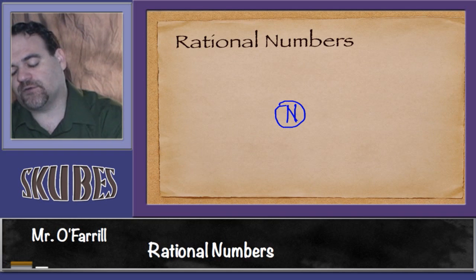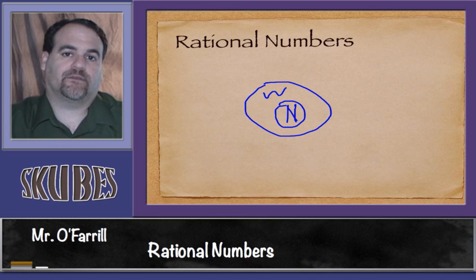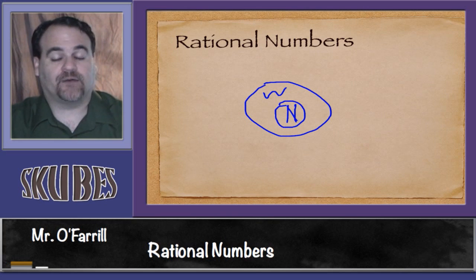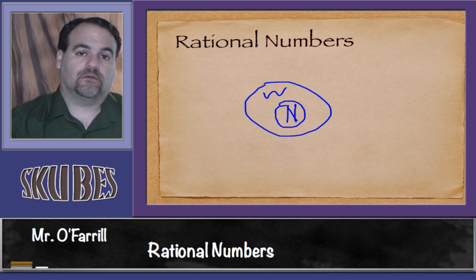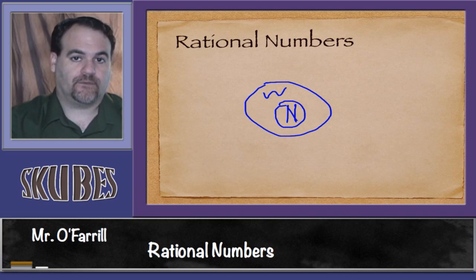But all natural numbers also fit inside another grouping, the whole numbers. And you remember what that is. Whole numbers are all of the counting numbers, 1, 2, 3, 4, and so on, and the number 0.